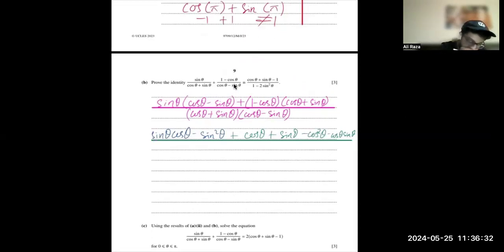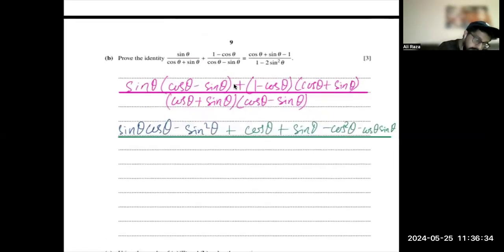And when we expand the denominator, we get cos square theta minus sin square theta. We have a sin theta cos theta and a minus cos theta sin theta, which get cancelled out with each other. We have a minus sin square and a minus cos square, and they add up to minus 1.